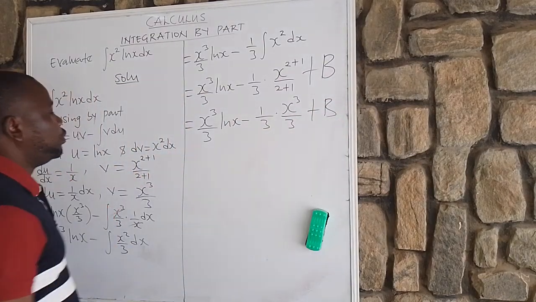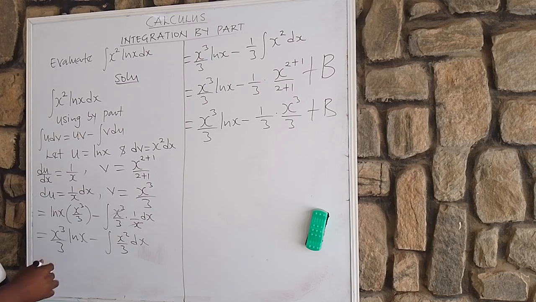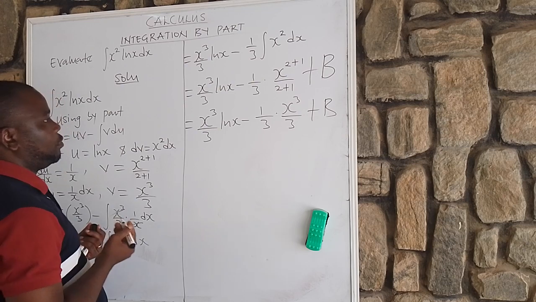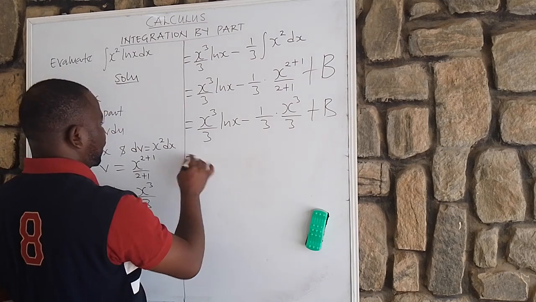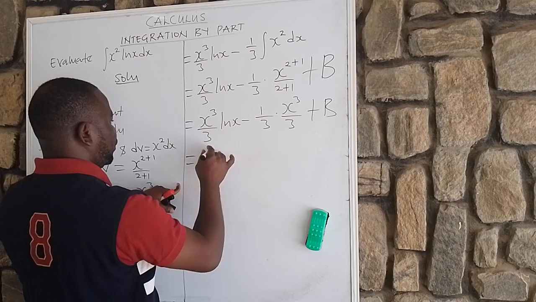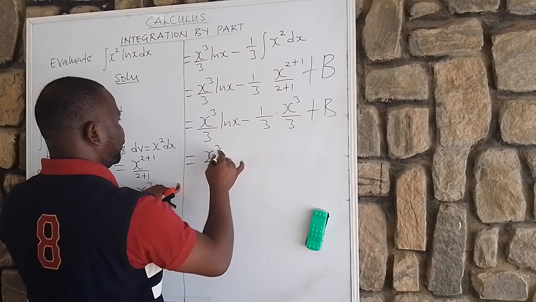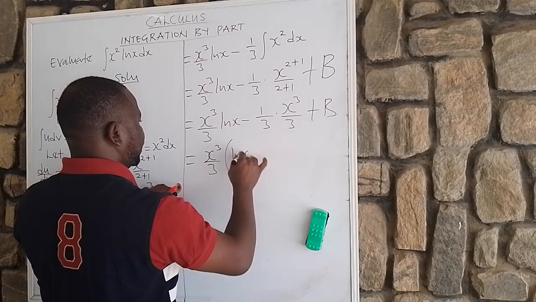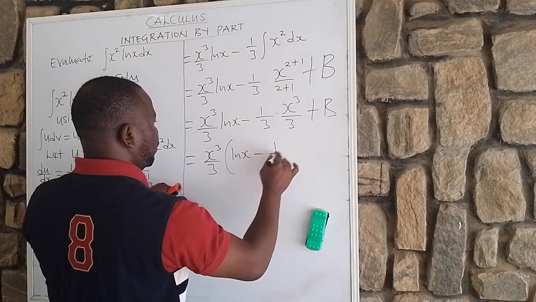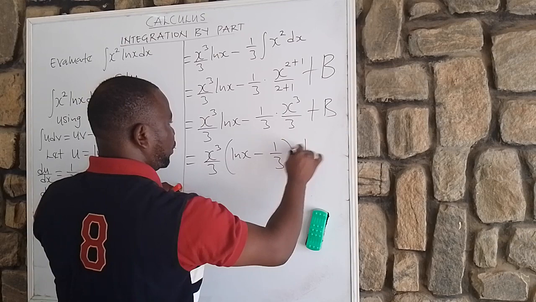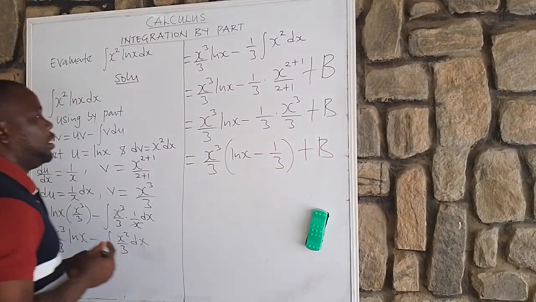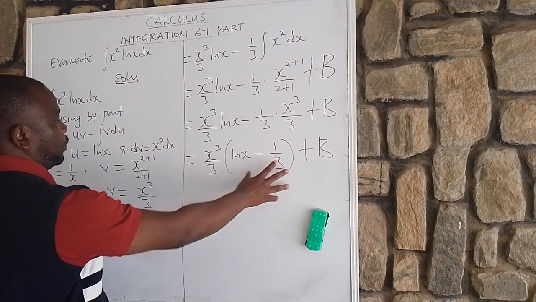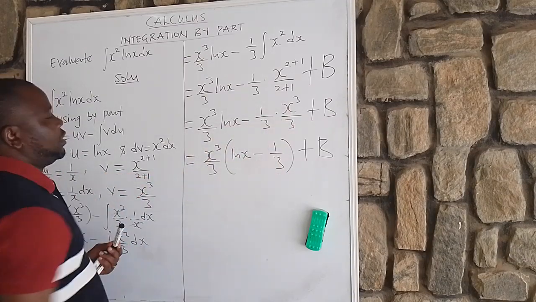So if you can see what I am saying, what is common here? 1 all over 3 times x raised to the power 3 is common in both terms, so we can factor it out. So x raised to the power of 3 all over 3 is common. Open bracket ln x minus 1 all over 3 close bracket plus b. Because by the time you factor this out, you still get back the original.